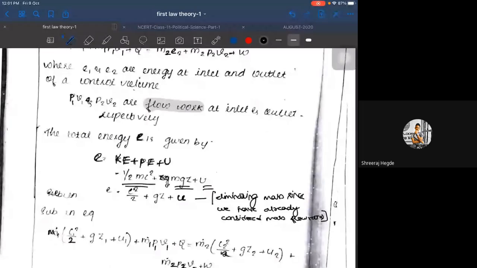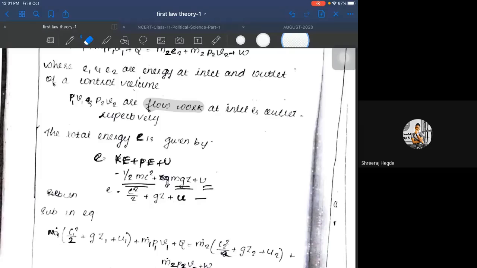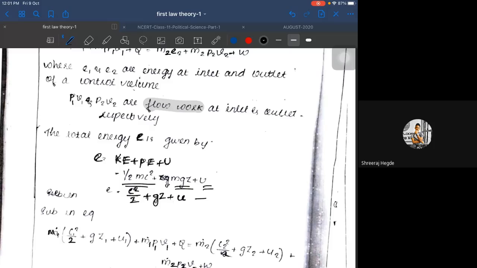Now dividing the entire thing by m, what happens? So m goes away, it would be just c square by 2 here. Here also m goes away, it would be gz. Plus capital U divided by m would be the small u. Clear? Capital U divided by m would be your small u.